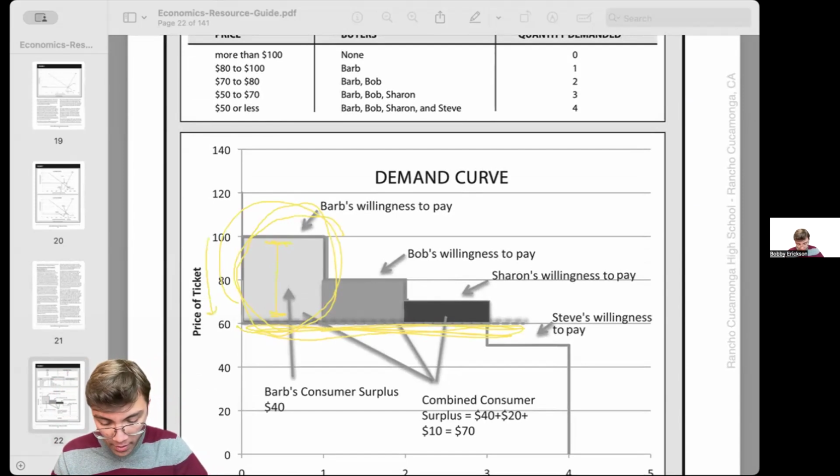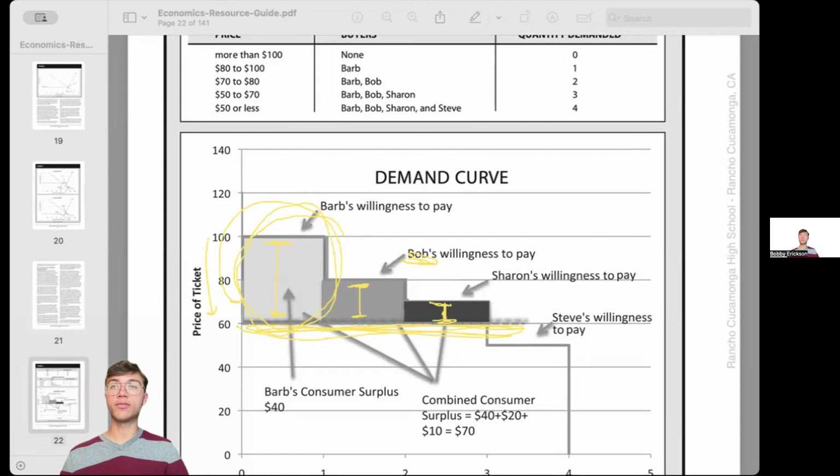And then let's say there's Bob. Bob is $20 above what the actual price of the ticket is. And so Bob will be, again, just like Barb, more than willing to pay for this concert ticket here. Then there's Sharon, once again, very willing to pay for this concert ticket, would have paid at $70.